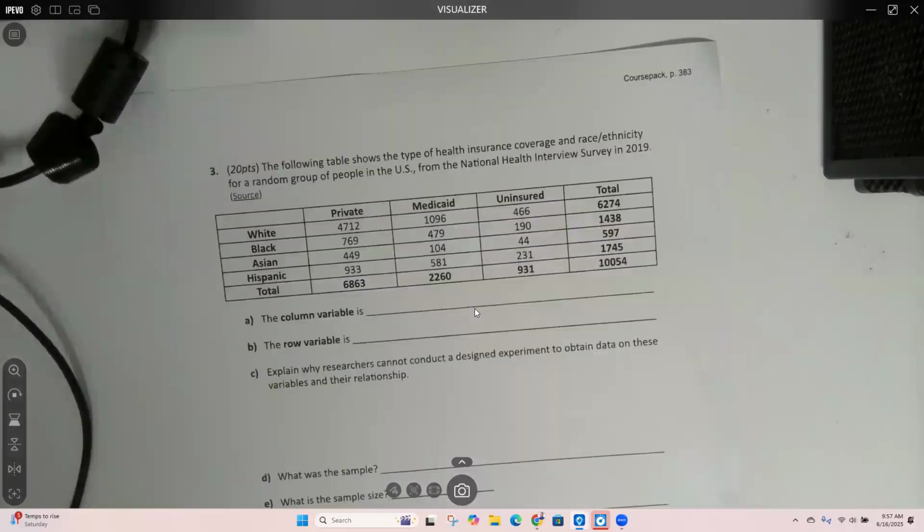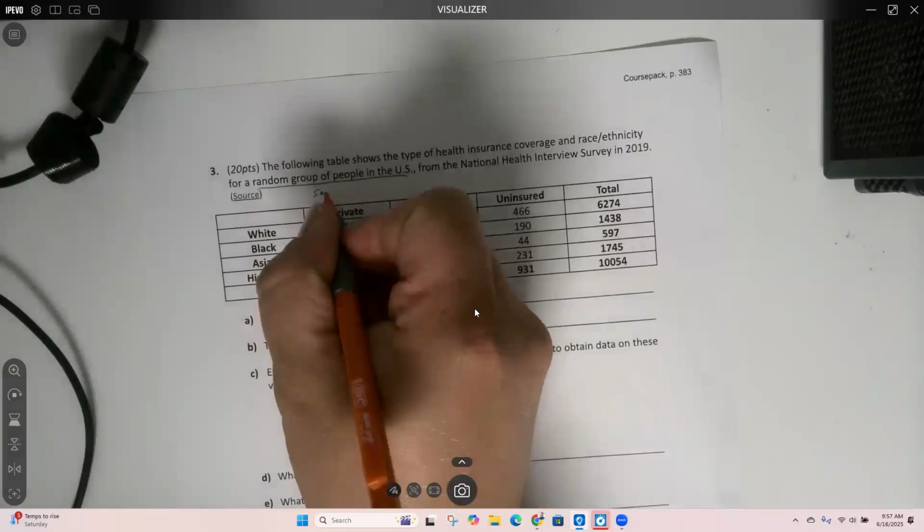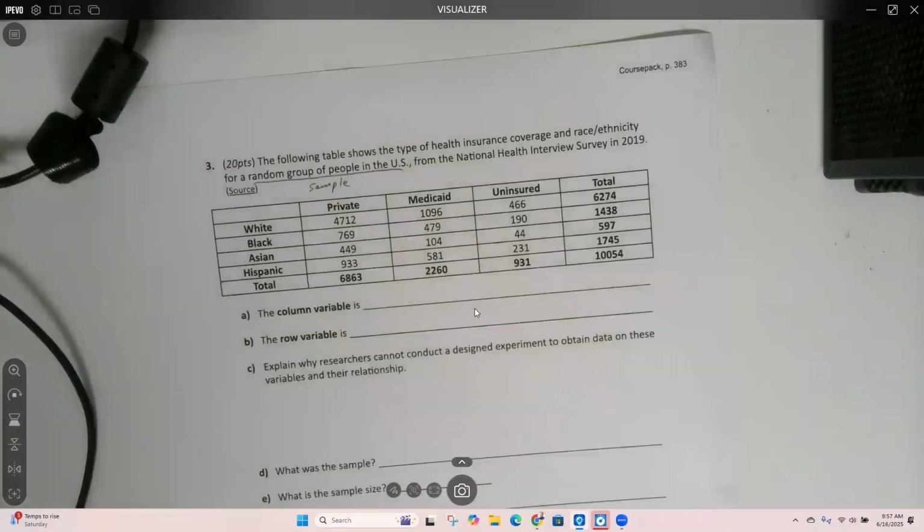The following shows type of health insurance coverage and race ethnicity for a random sample of people in the US. I said random sample. This is a sample though. So we're looking at a sample population, not the whole US.